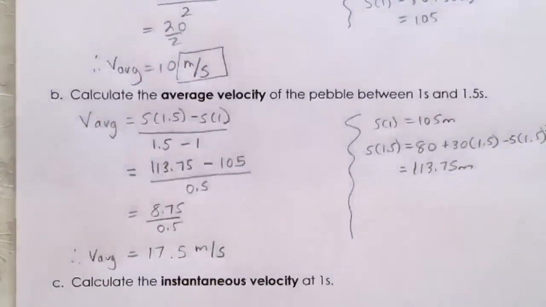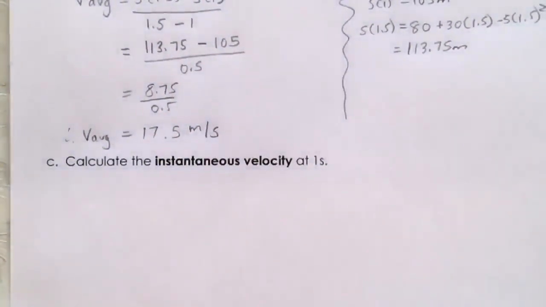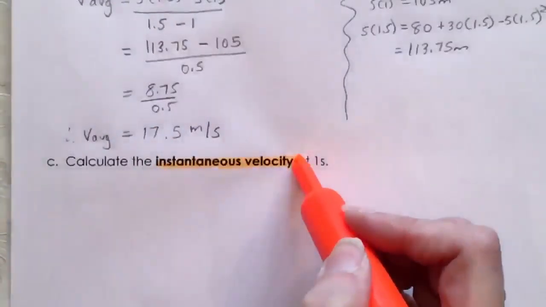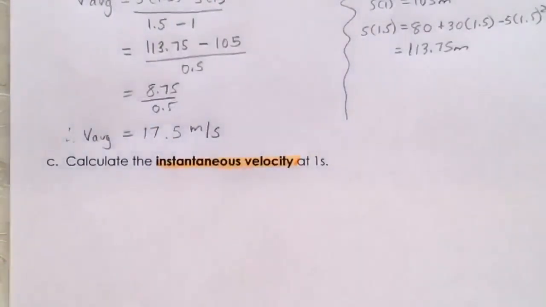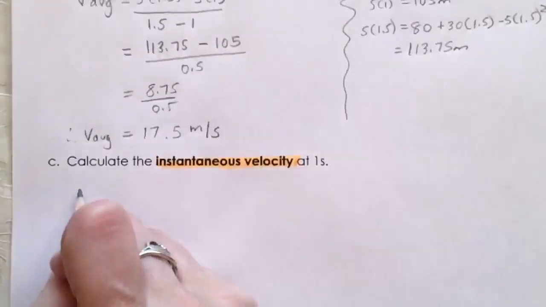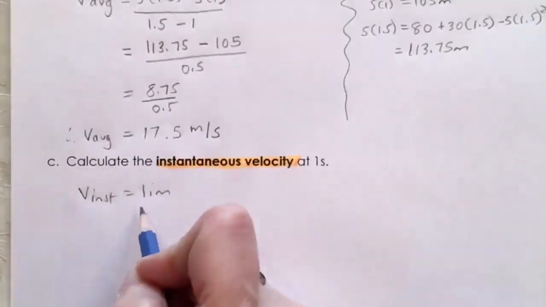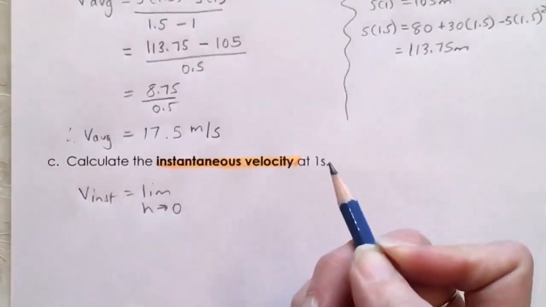Now we're on to calculating the instantaneous velocity at 1 second. Okay, so we said instantaneous is different. This instantaneous velocity is the slope of the tangent, not a slope of a secant. So it involves calculus. So our formula for V instantaneous is going to involve the limit as h approaches 0.